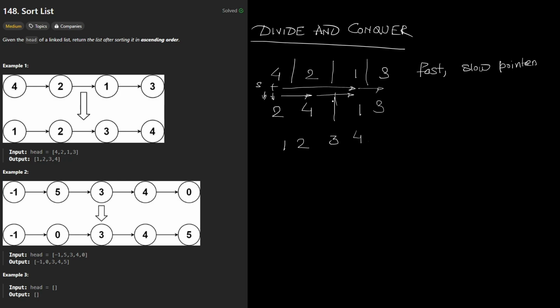So we can divide it at this area. This would be the split, even though it's not properly appropriate, but still it will be the same. So if it's divided out here, that is also fine. Once we create the divide, the values would be 4 2 and 1 3. These are the two lists. Again we are going to use slow and fast. Fast is going to reach one step to the last one and slow would still be here.